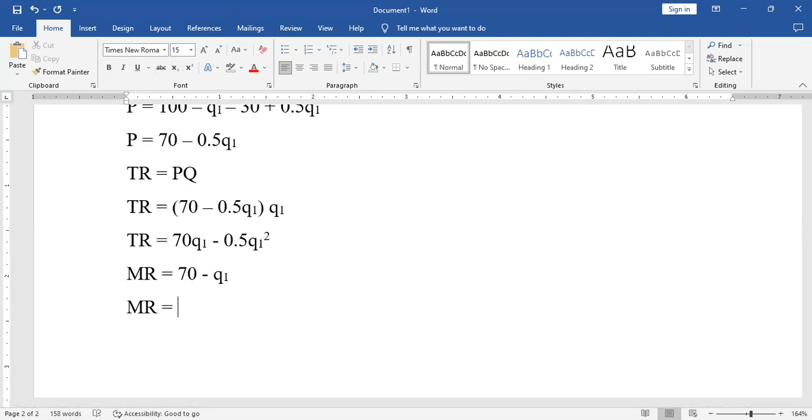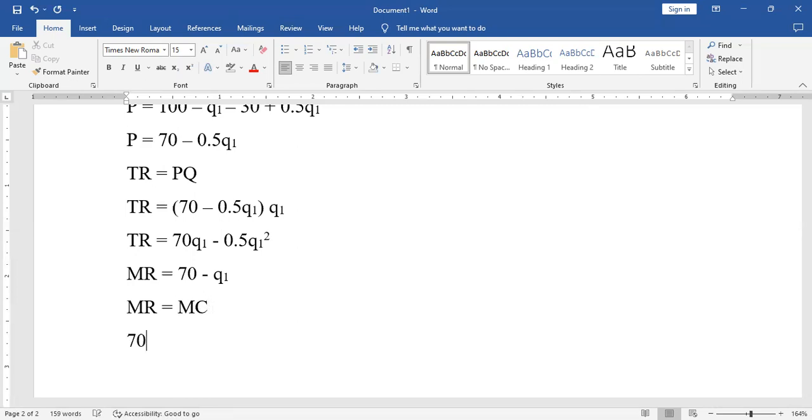Once you get the reaction function for firm 2, slot it into the demand function where there's Q2, so that you can have the demand function for firm 1. Once you have the demand function for firm 1, find the marginal revenue, and then proceed to set marginal revenue equal to marginal cost.